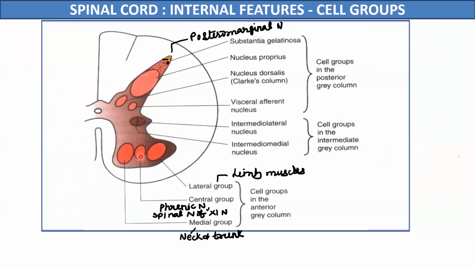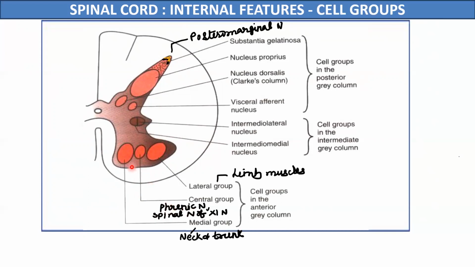While the central group of neurons, when it is present in the cervical region, will form the phrenic nucleus, and it will also form a spinal nucleus of the accessory nerve. And the third type of nucleus in the central group is the lumbosacral nucleus, the function of which is not known.